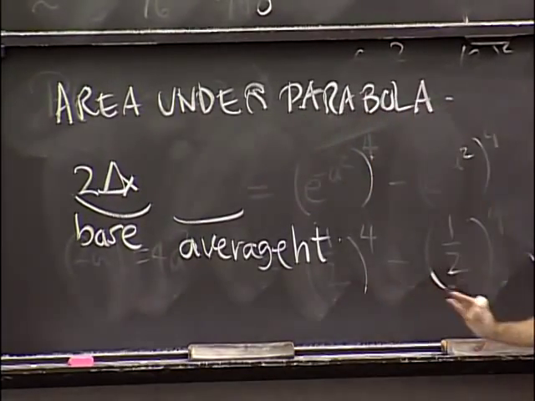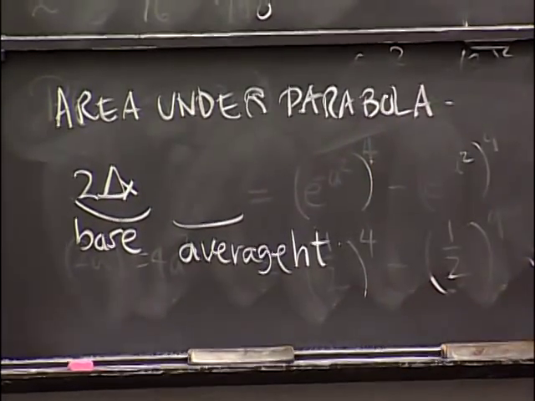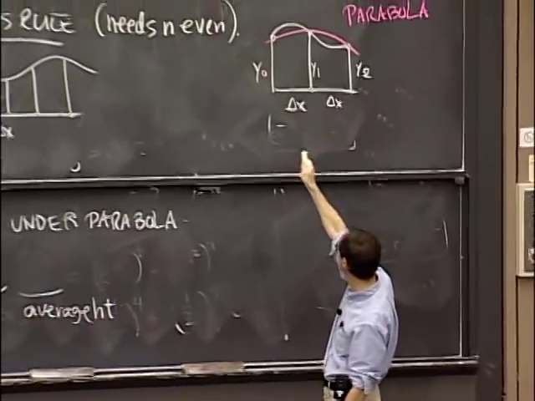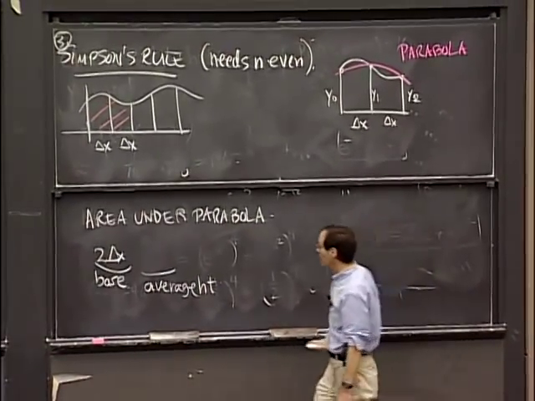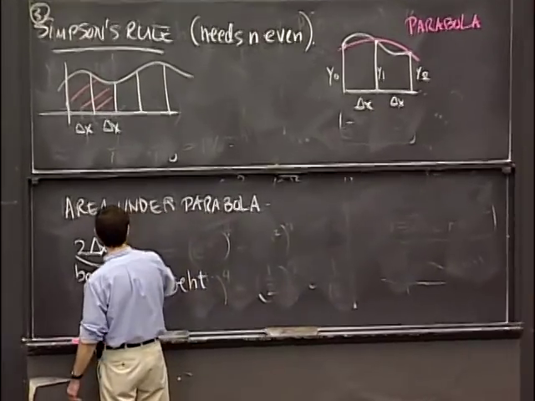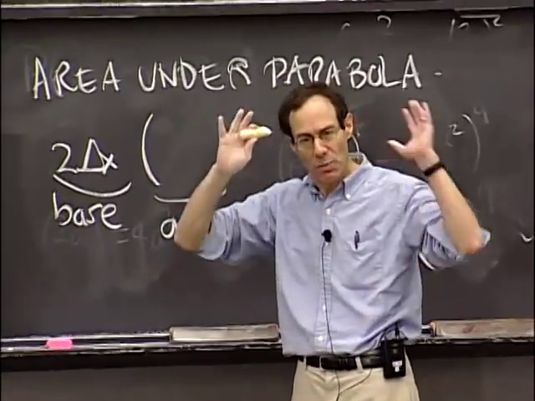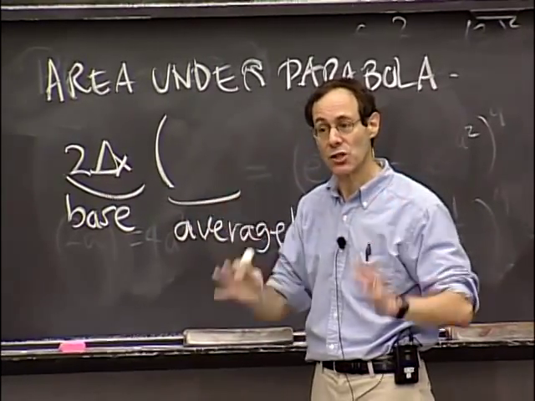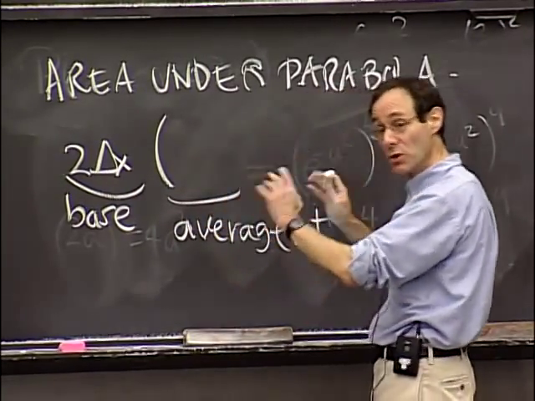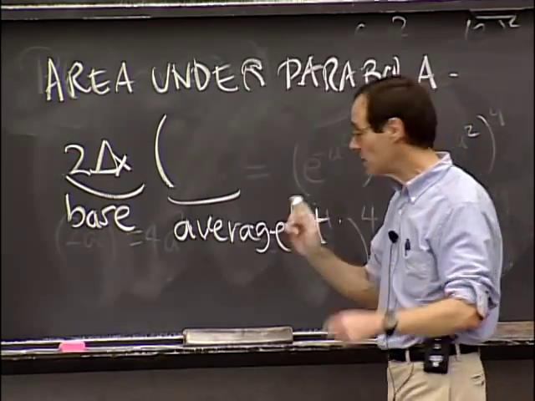Now, the average height is weird. You have to work out what it is for a parabola depending on those 3 numbers, y0, y1, and y2. And it turns out to be the following formula. It has to be an average, but it's an interesting weighted average. So this was the punchline, if you like, that there are such things as interesting weighted averages. This one's very simple. It just involves 3 numbers, but it's still interesting.